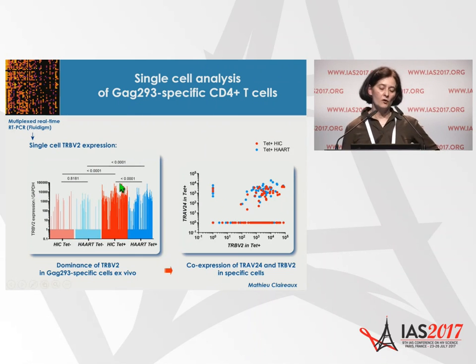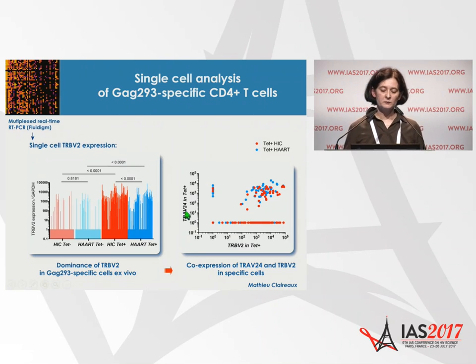And furthermore, TRBV2 within the tetramer-positive cells is more prevalent in the controller group than in the treated patient group. If one looks at TRAV24 co-expression, one sees that most of the TRAV24 positive cells are also TRBV2, though the reverse is not true.